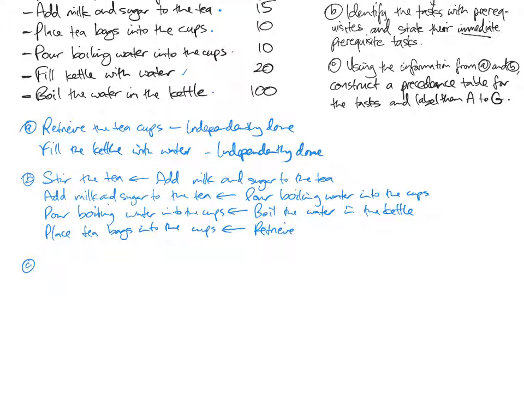Retrieve the cups. And the last non-independent one, because fill the kettle with water was independent, boil the water in the kettle. What would I have to have done before that? Well, there has to be water in the kettle before I boil it, so fill the kettle with water.